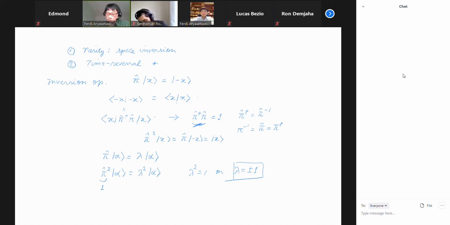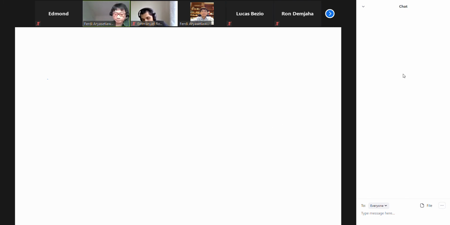Okay, so let's have a look at the wave function. We look at the state psi tilde, where we apply this to an arbitrary state psi, and we want to see how the wave function looks.